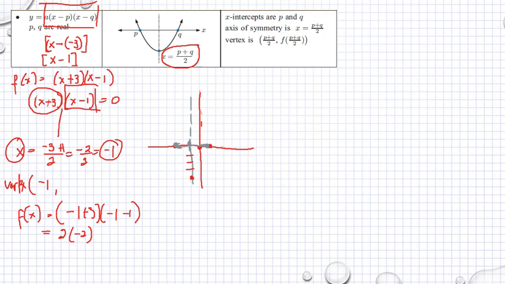Here is how to find the c, or y-intercept, when x is equal to 0.